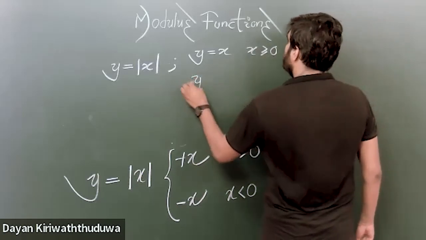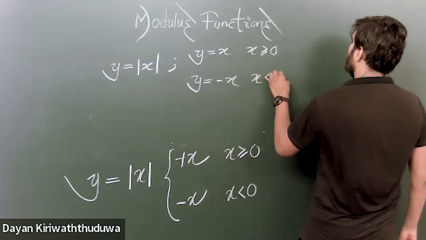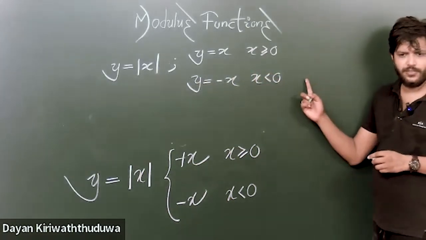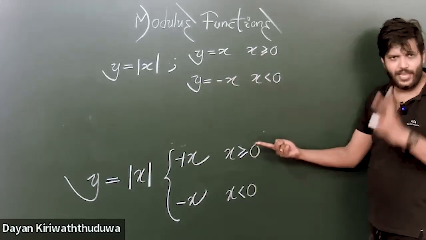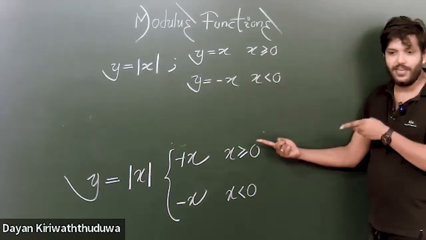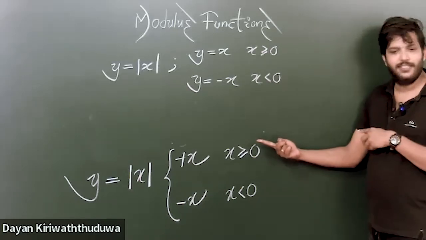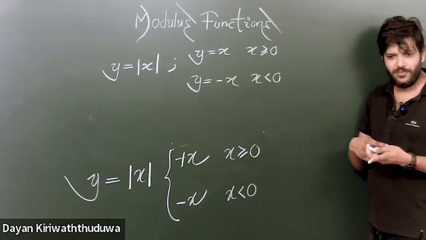And y equals minus x when x is less than 0. Correct? There's no doubt about it, right? Same thing written here, because y is modulus of x. So y has two different variations. One variation is y equals x when x is non-negative. The other one is y equals minus x when x is negative, because you multiply by minus 1 to make it positive.